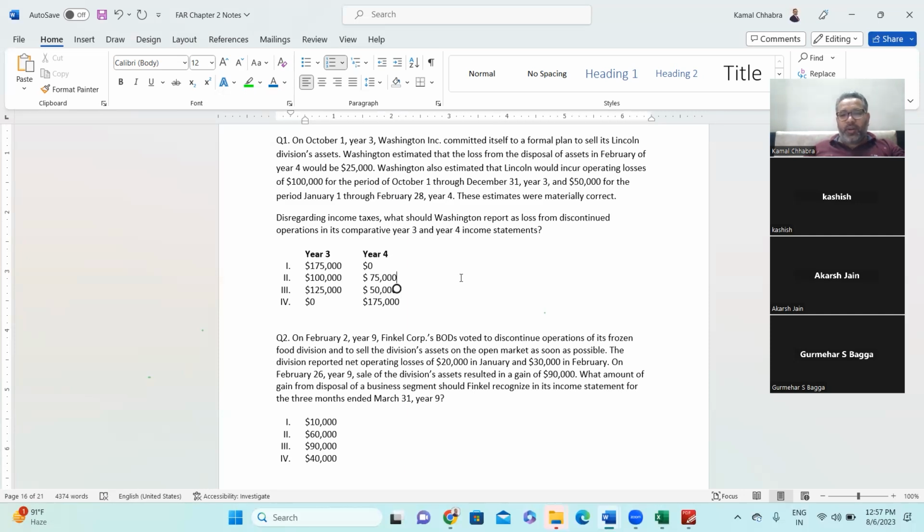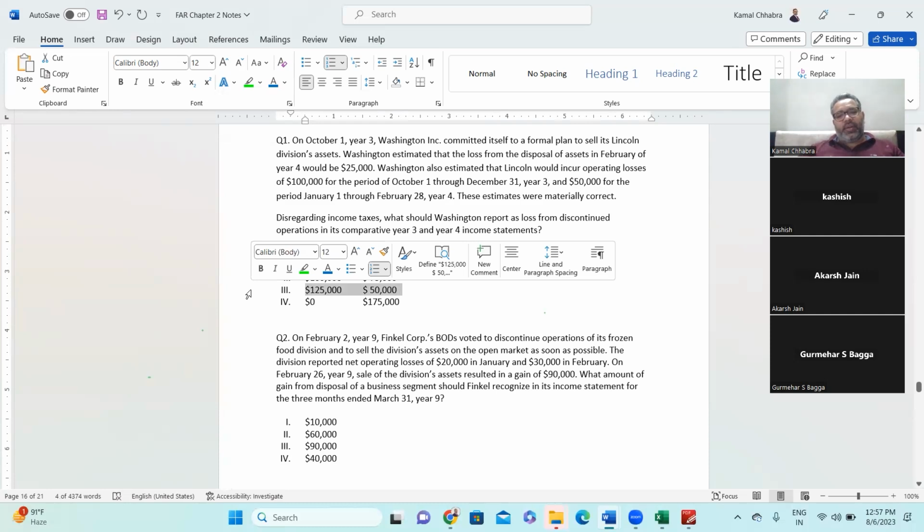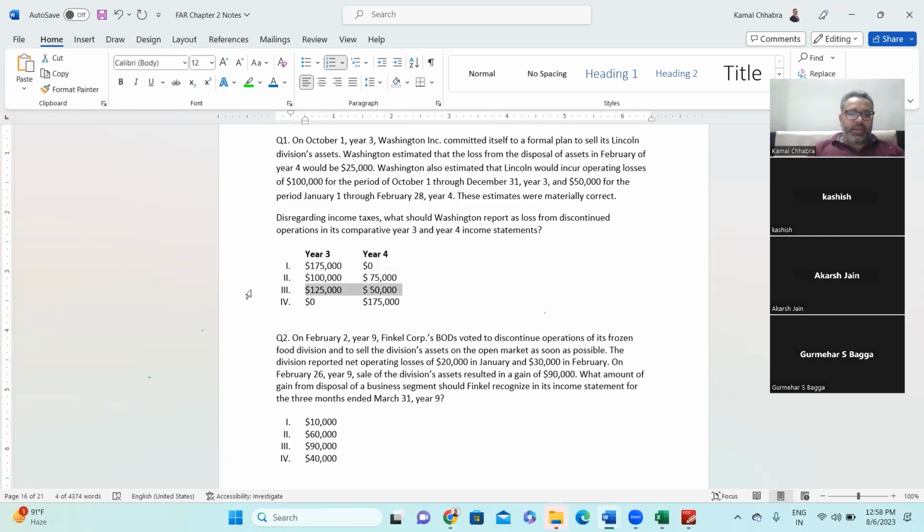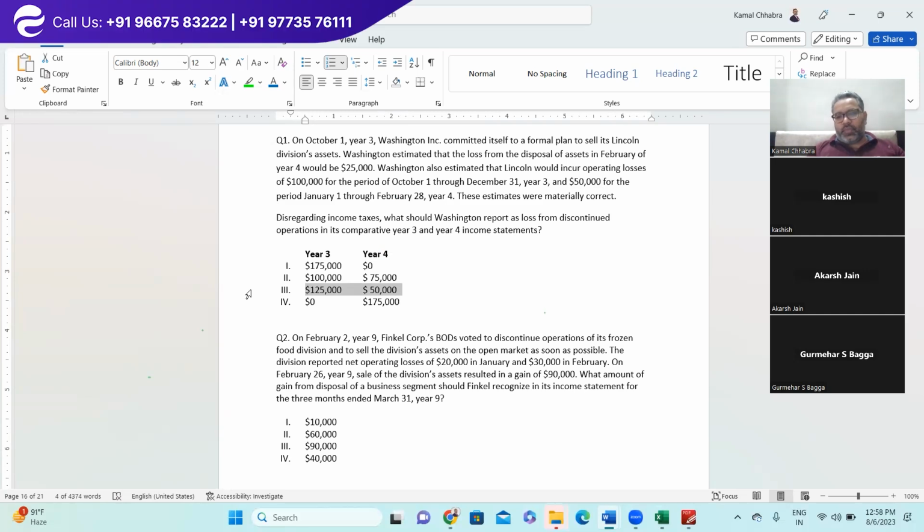If you do not do any operation, then you can avoid that. So basically only the assets recorded at fair value will be recognized. You will recognize current year operation loss plus the loss on the capital item, which is impairment loss. Right? So 50,000 will go to the second year, year 4, when you are actually incurring it. So the correct answer is the third. Kashish, Gurmehar, make sense?